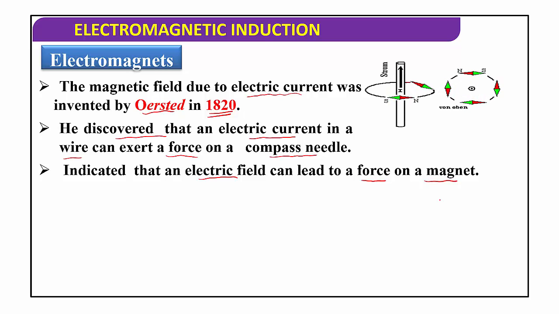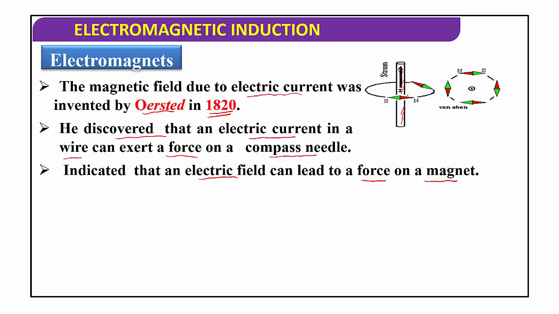Right? You can observe this diagram. So this is a wire which is carrying electric current. It is surrounded by electric field and magnetic field. So when we kept this compass needle in front of this wire which is carrying electric current, it starts to deflect because this electric field exerts force on the magnet.